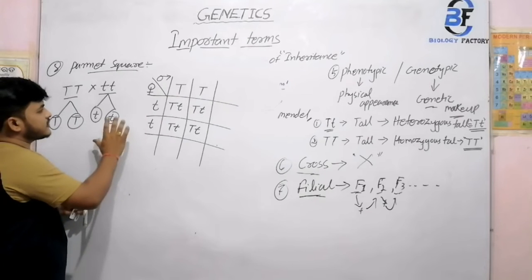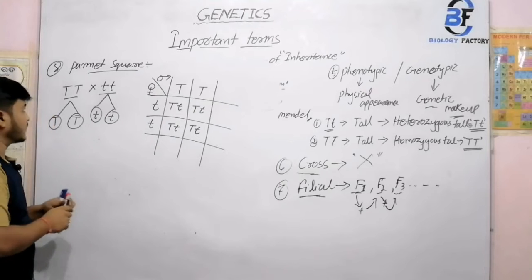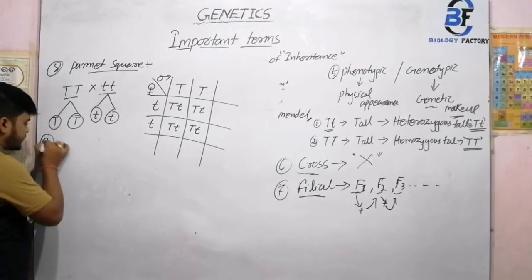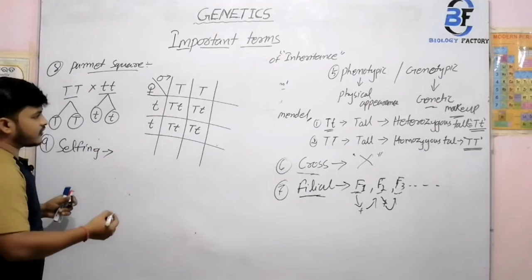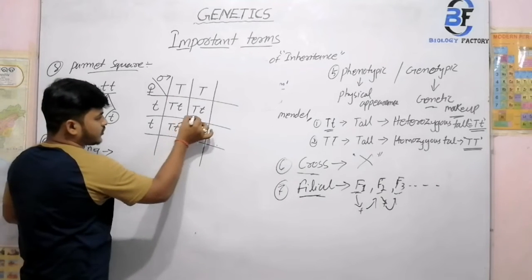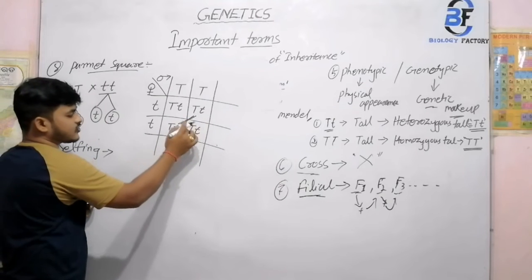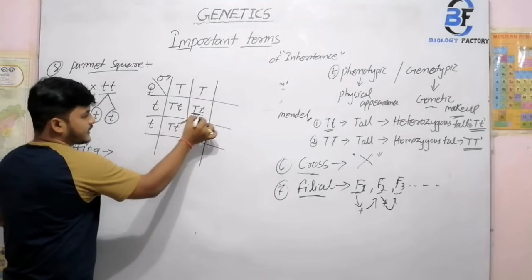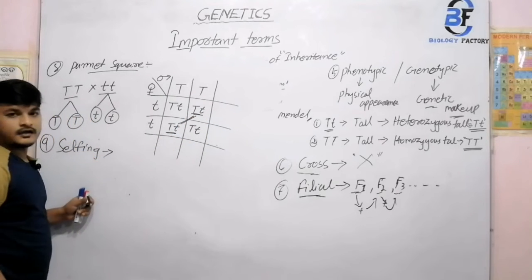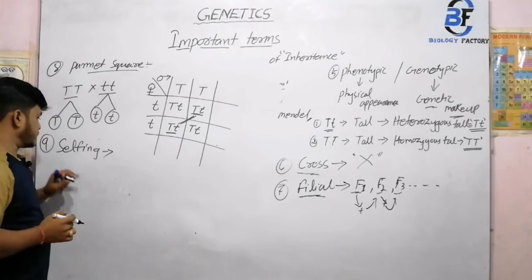Next we discuss the condition of selfing. So our next important term is selfing. Selfing means if we cross both genes of the same type, if we take an example of this checkerboard and cross capital T with capital T, then the crossing is known as self.